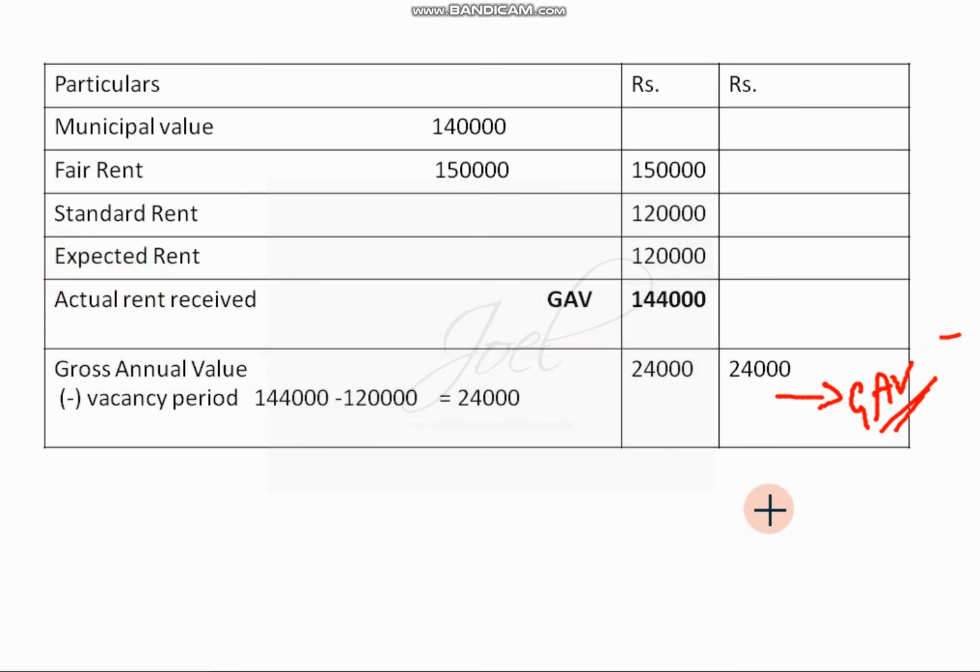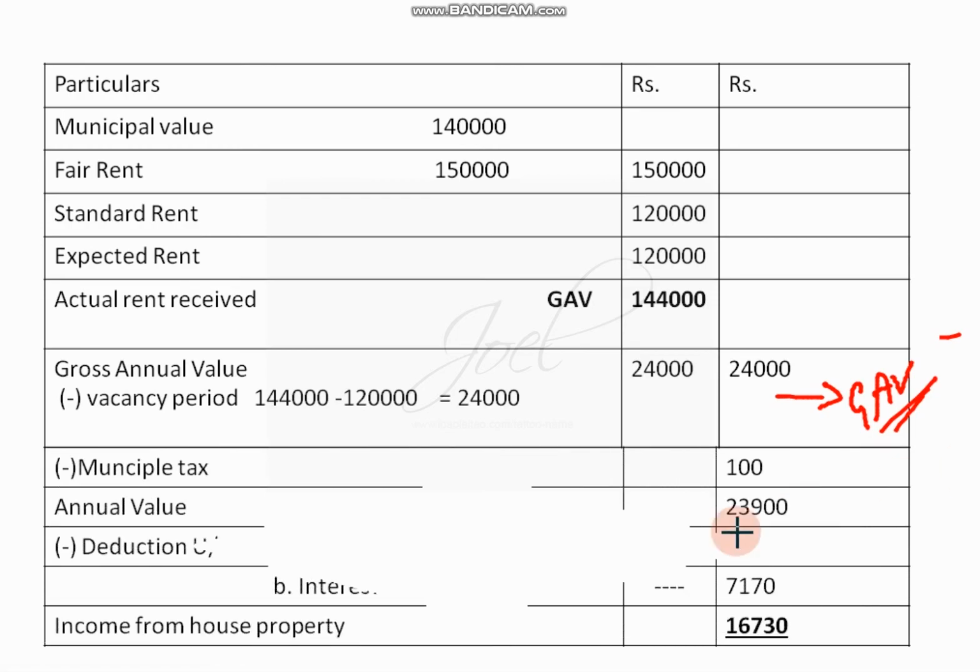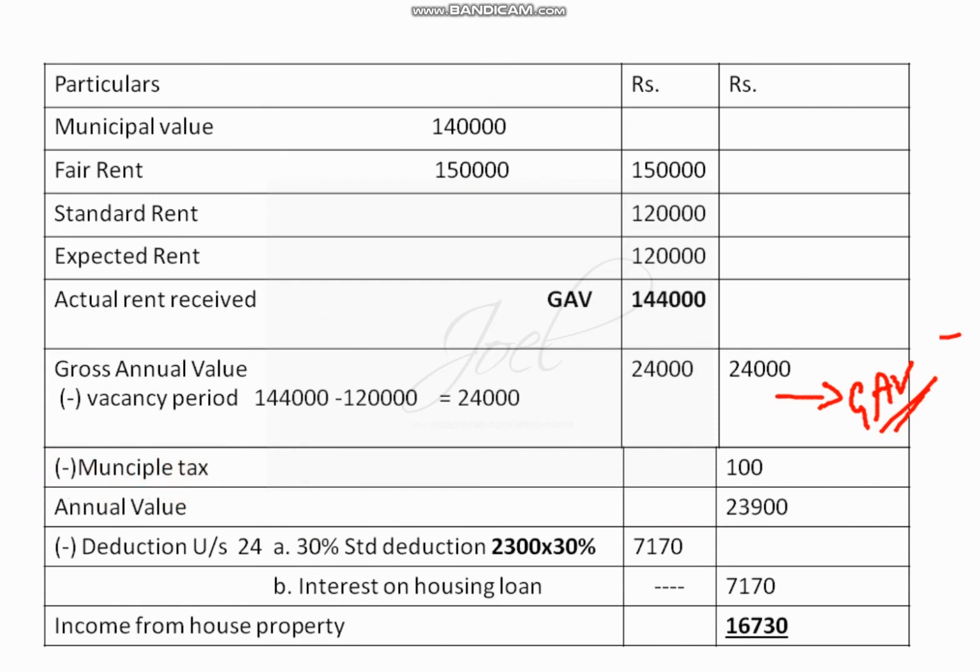So this much you know. From here we have to deduct one deduction, that is municipal tax, and the 30% standard deduction is also available here. Municipal tax, you would have seen in the problem, was given there. Municipal tax was rupees 100. When we deduct it from 24,000, we'll arrive at 23,000. That is my annual value.